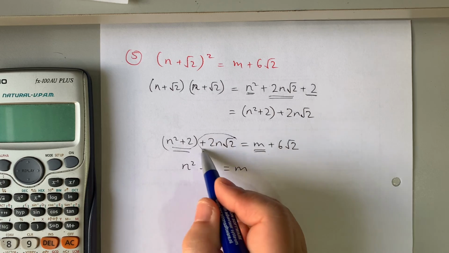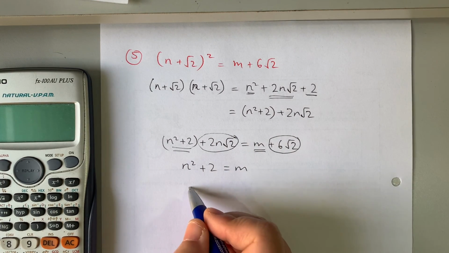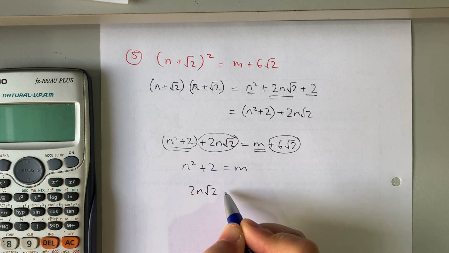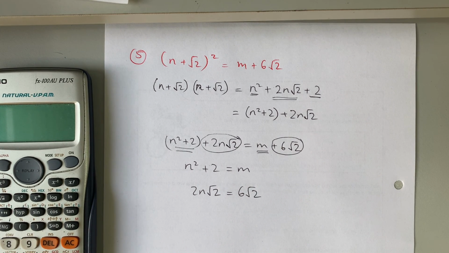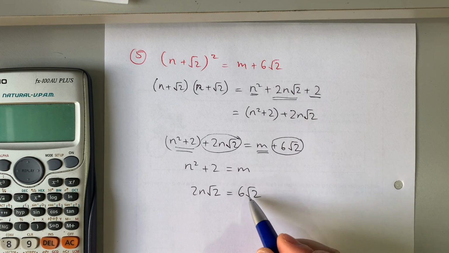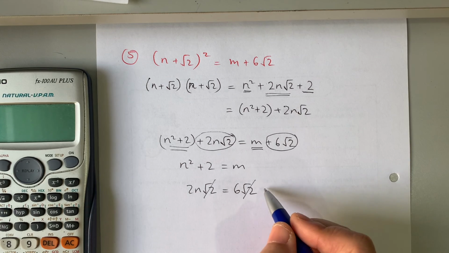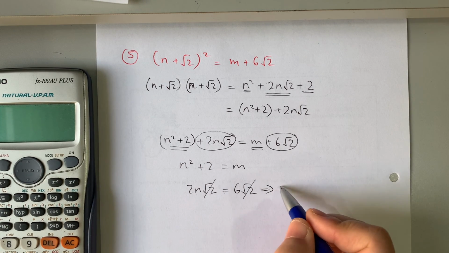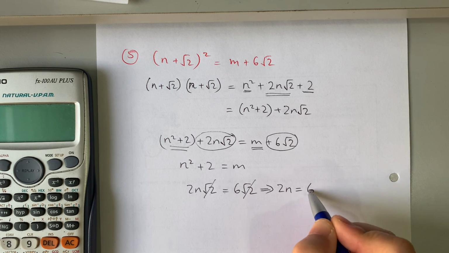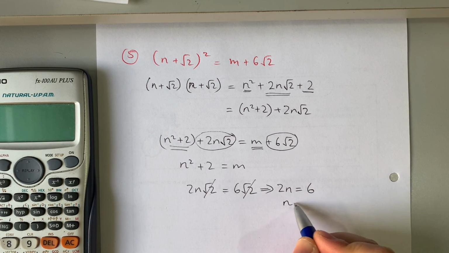And the surd bit, they have to equal as well. So 2n root 2 is equal to 6 root 2. Right, the root 2's, well, they're exactly the same, so they can cancel out. That means we've got 2n equals 6. 2n equals 6. Right, dividing by 2, we get n is equal to 3.